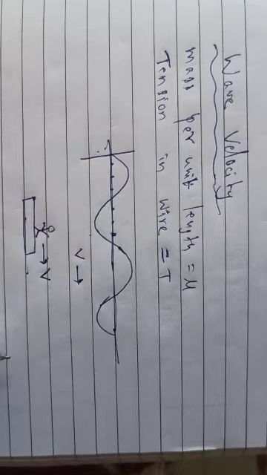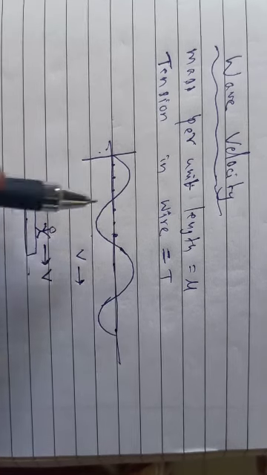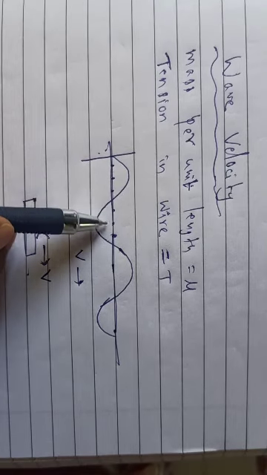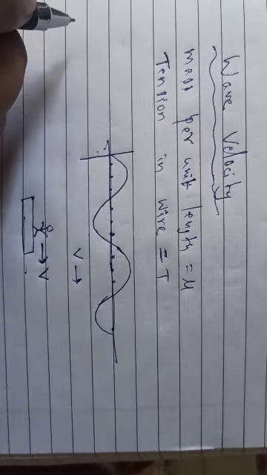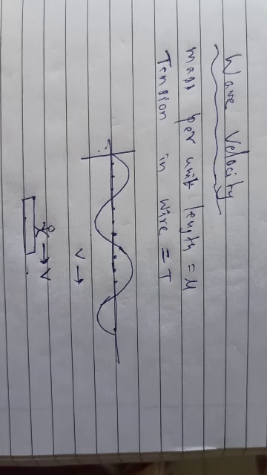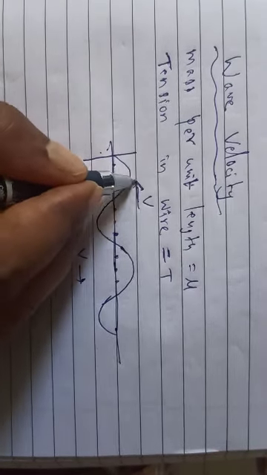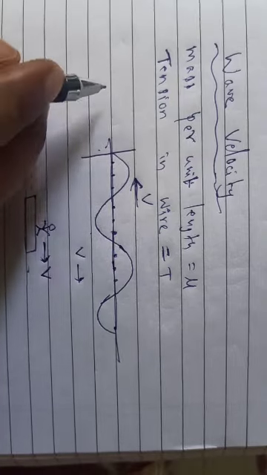Now these particles are not moving, but this person is moving. So what will he see? He will see that these particles are moving in the backward direction, with the same speed v, because he is moving with that speed.